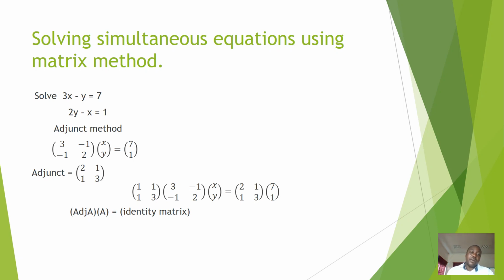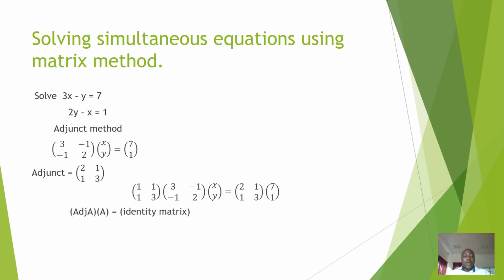So we have an example there where we have two equations: 3x minus y is equal to 7, 2y minus x is equal to 1. Observe carefully in the two equations. We have two variables, x and y, all two unknowns. But each unknown in each equation has got a coefficient.